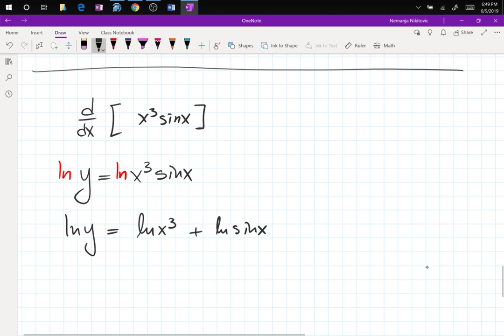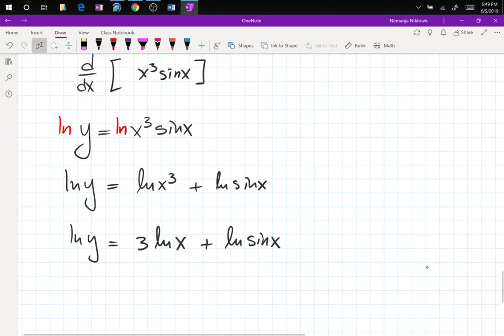Now you still have this x cubed, and let's say you don't like that either. Well, you take that 3 and you kick it outside of the log because you can. That's another rule. So the entire problem now is a complete joke.